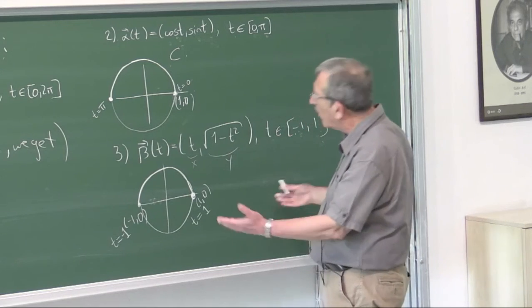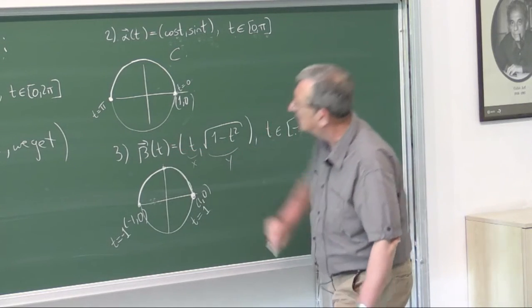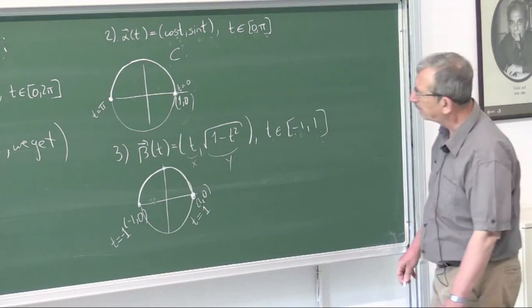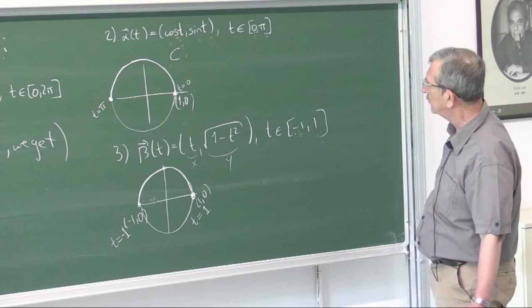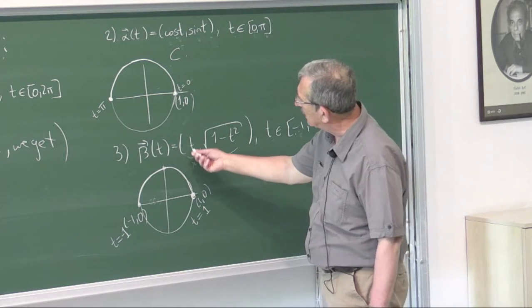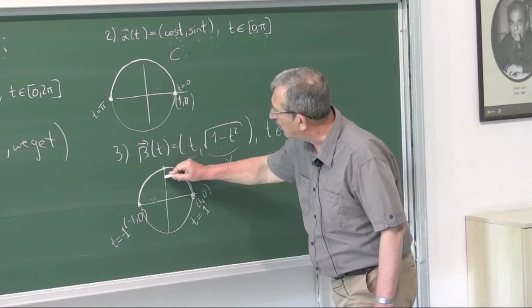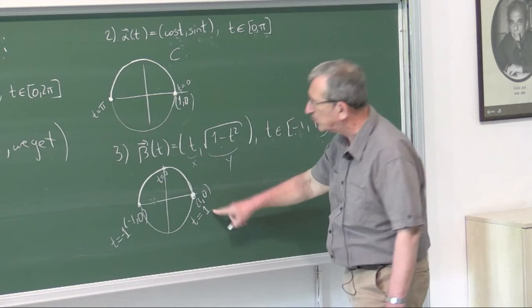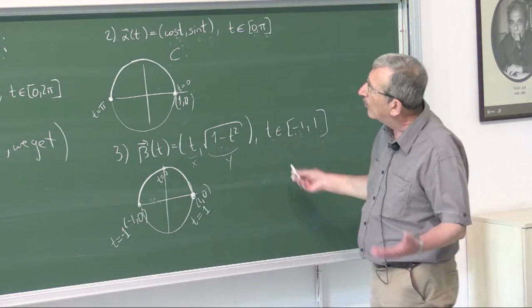Of course, somewhere in between here, t will be 0. So we will have the point 0, 1 at this point. Here, t is 0. It increases from minus 1 towards 1. It passes through 0. Well, this is the same C.